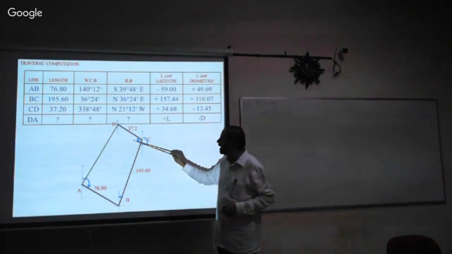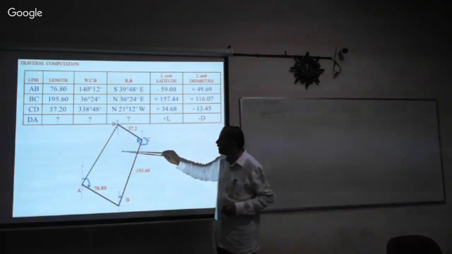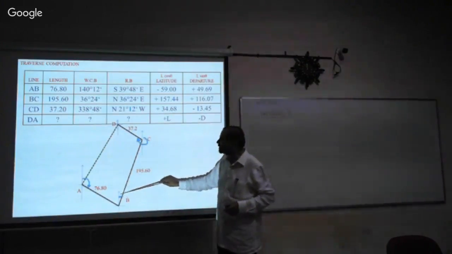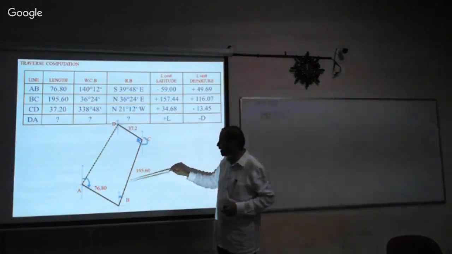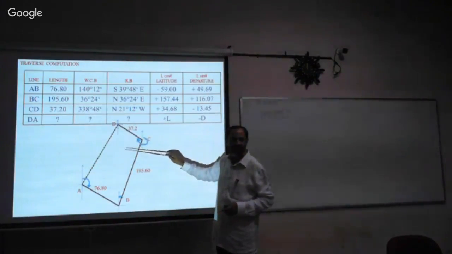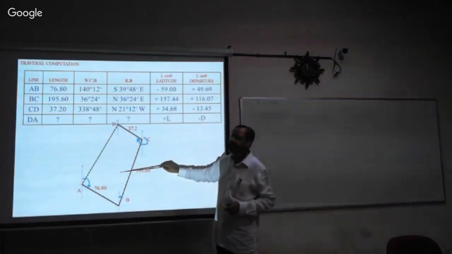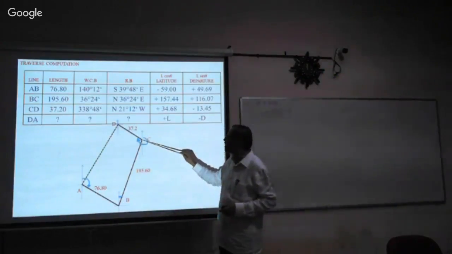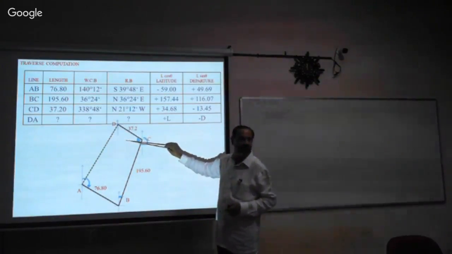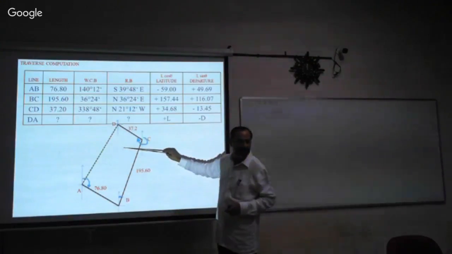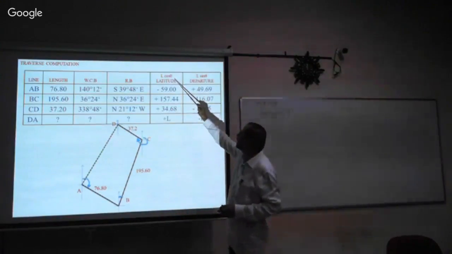Now this is the angle. This becomes the opposite side and this becomes the adjacent side. It forms a triangle. Therefore, the latitude of survey line BC is L cos theta.